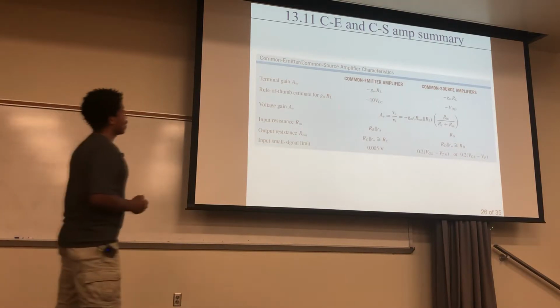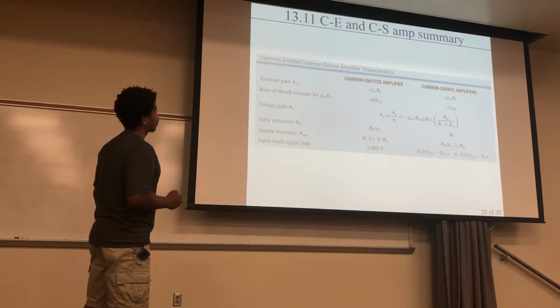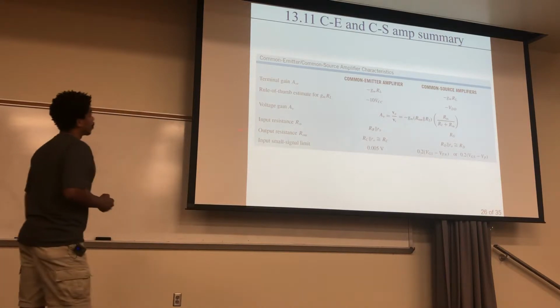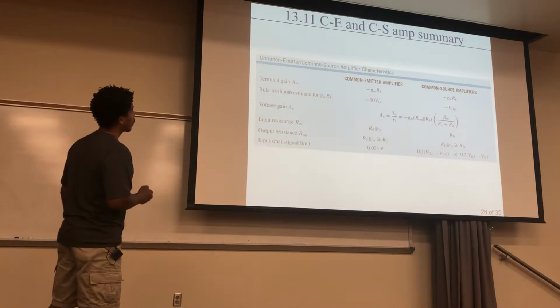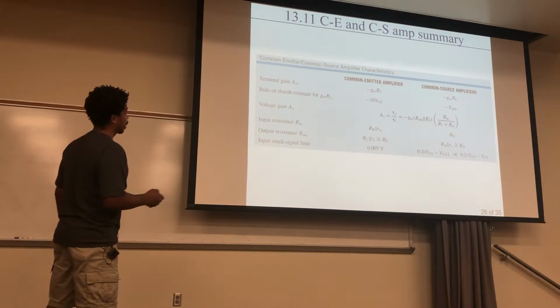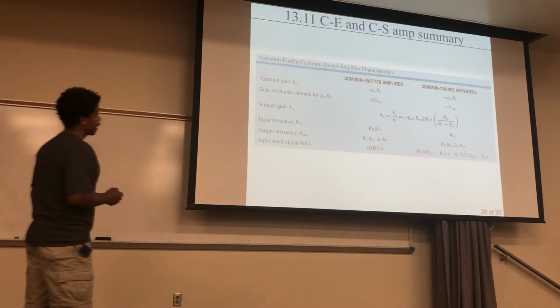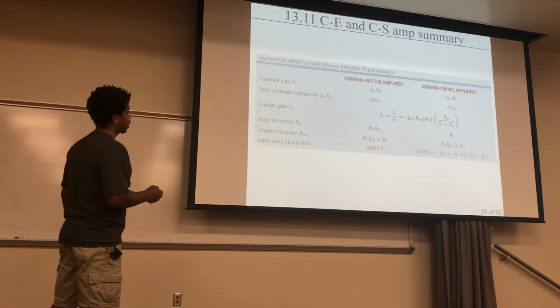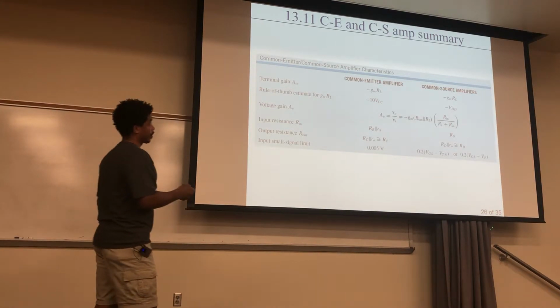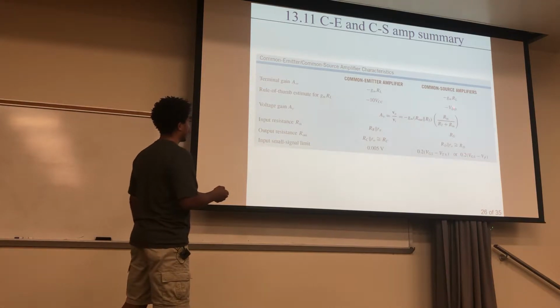So let's look at the common emitter and common source amplifier summary. For the terminal gain right here, for the common emitter amplifier, we have this. For a common source amplifier, we have that. So those are the same. For rule of thumb estimates, this right here is like 10, an order of magnitude greater than your VCC, and this right here is just your VDD that you're applying.